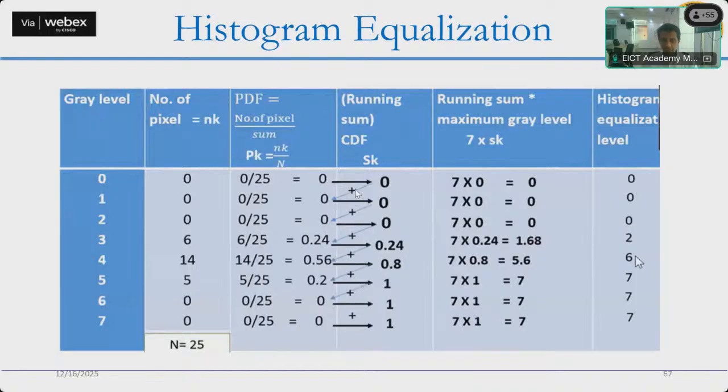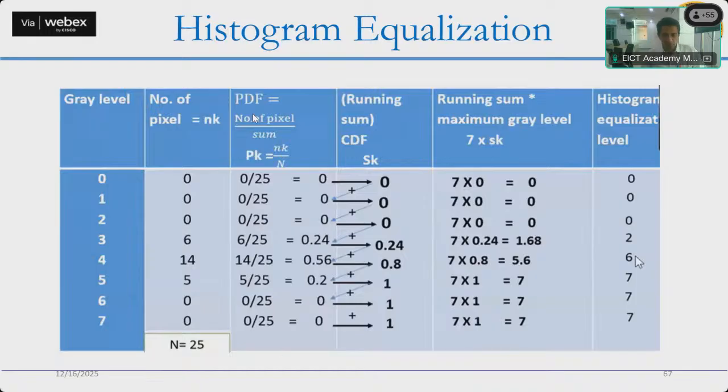Thereafter, this is 0, 0, now 0.24. This 0.24 will come here, and now we will add up. It will become cumulative. Earlier it was the probability distribution function, now it has become the cumulative distribution function. In cumulative, the final value will add up to 1.